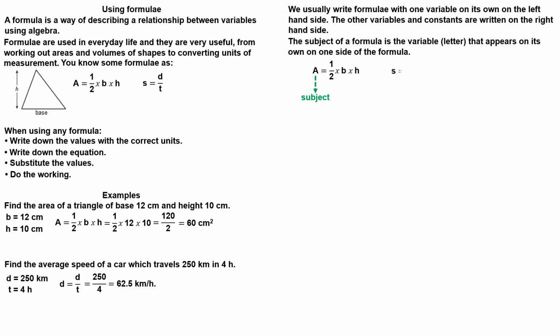In this formula, S is the subject. In this formula, V is the subject. In other words, the subject of a formula is the variable that is being worked out.